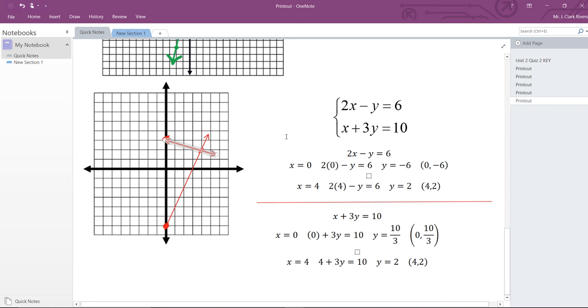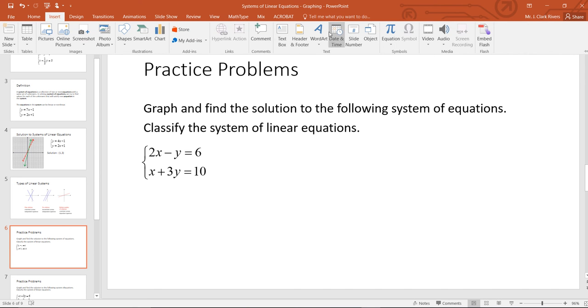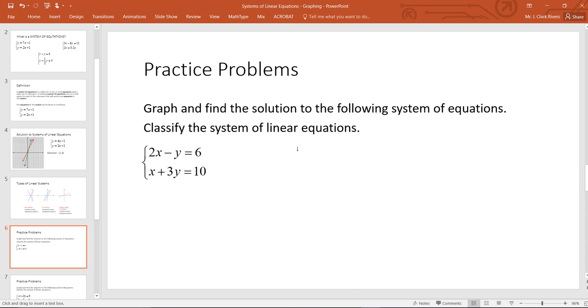There we go. So that's not the prettiest, and you probably did a much better job using graph paper, but you can see when we plot this, they have a solution at (4, 2). So back over here, we have a solution at (4, 2).